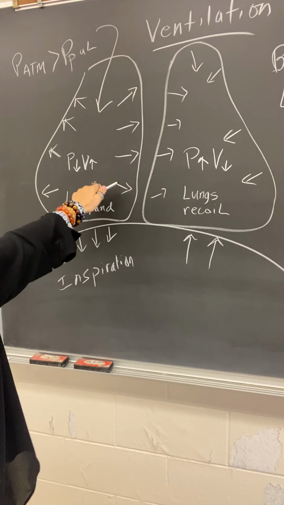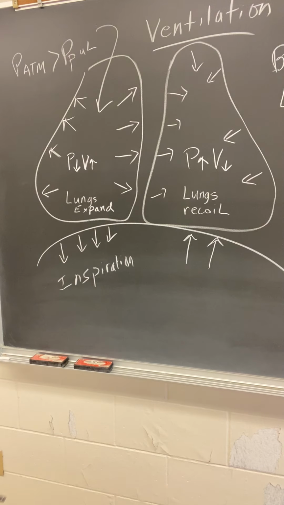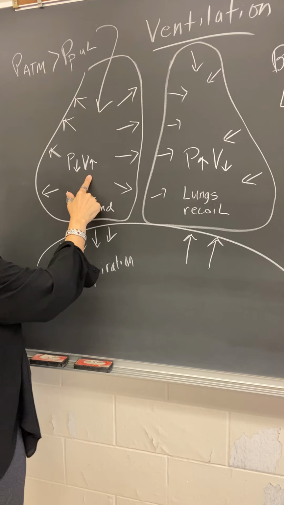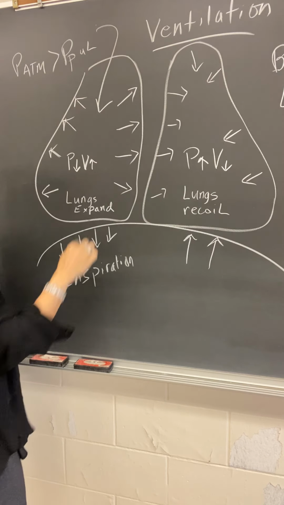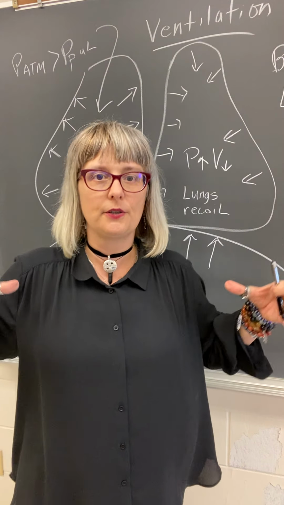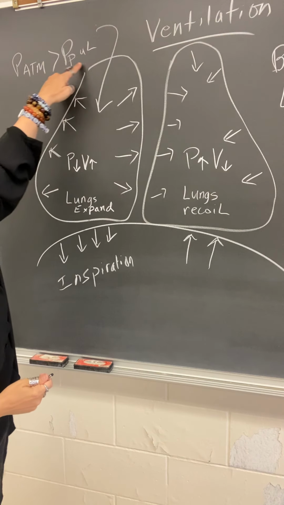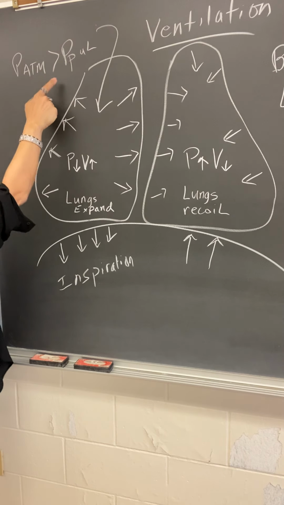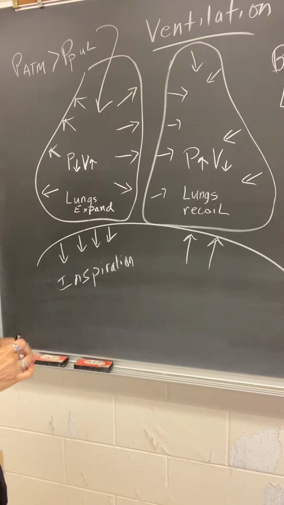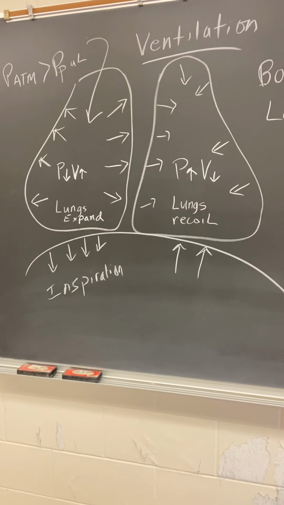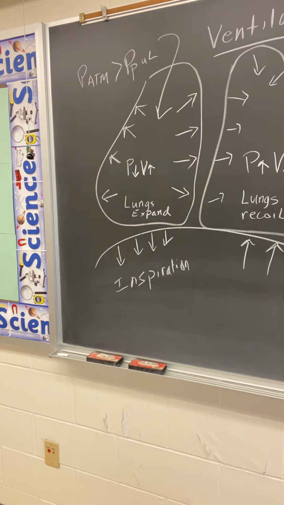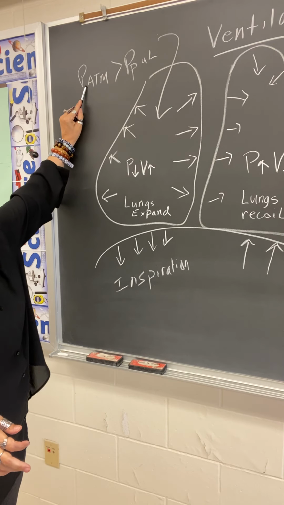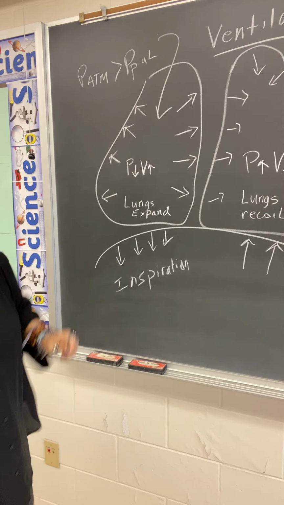The arrows represent that the lungs are expanding, and you can see here that the pressure is going down and the volume is going up. Why is the pressure going down? Because the lungs are expanding. So air naturally flows in. The formula over here is PATM is greater than PPUL. Let me show you that. Here, the atmospheric pressure is greater than the pulmonary pressure.